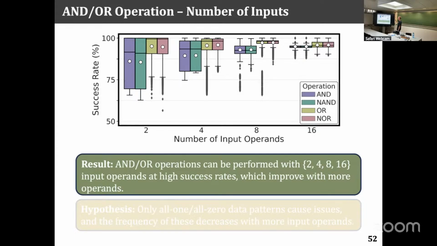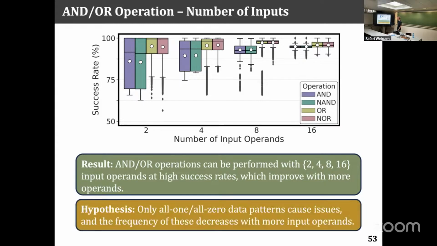And there's only one problematic data pattern for the AND operation, which basically always fails, which is the all-one pattern. But the more operands you have and random initialization, the less likely this pattern becomes. So the hypothesis for this plot is that there's only a certain data pattern which is problematic for the AND, which triggers less likely with more input operands.